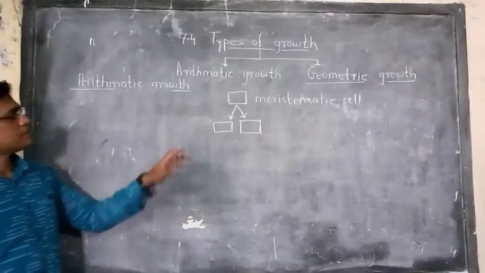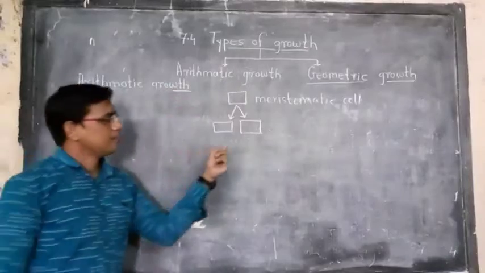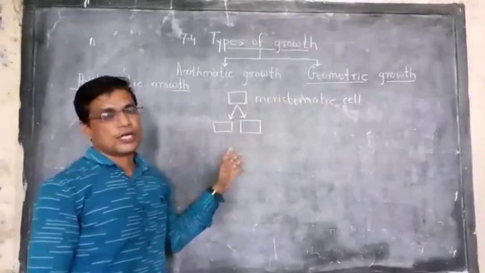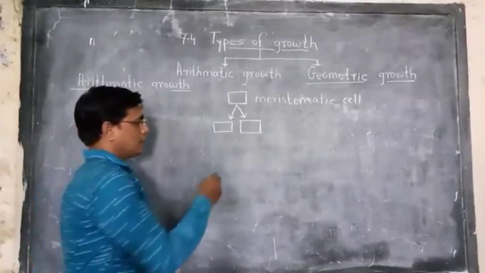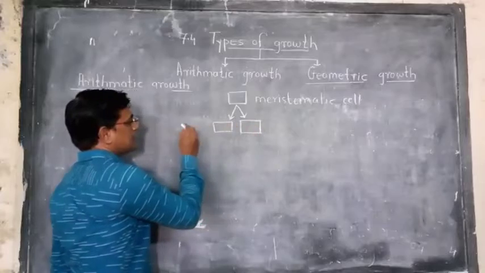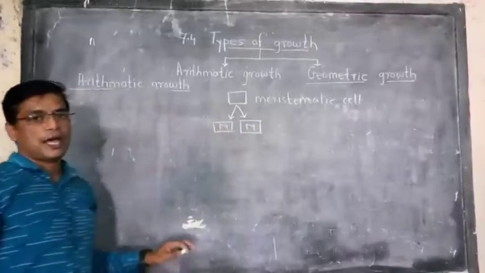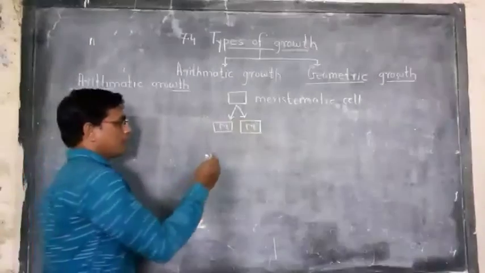But the difference between arithmetic and geometric growth is that the meristematic cell gives rise to two meristematic cells and not a specialized cell. Both these cells are meristematic cells, which means both have the capacity to multiply.